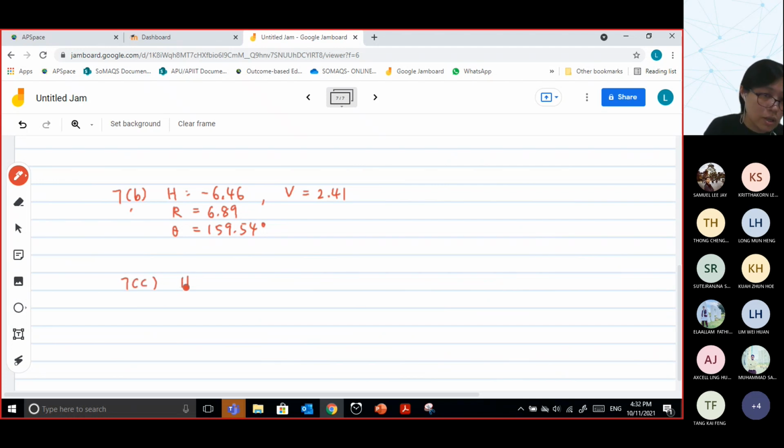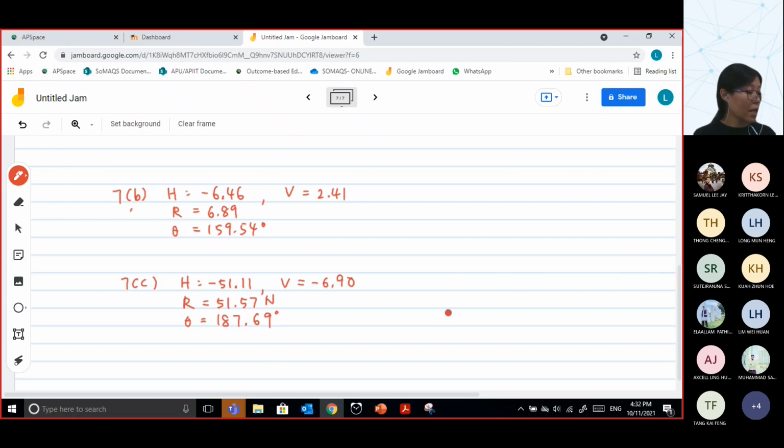For 7C, horizontal is negative 51.11. Vertical is negative 6.90. Then R is 51.57, and theta is 187.69. So try this out, and if there is any issue with this answer, just let me know. I can verify again tomorrow.